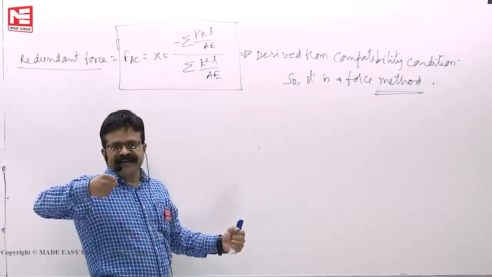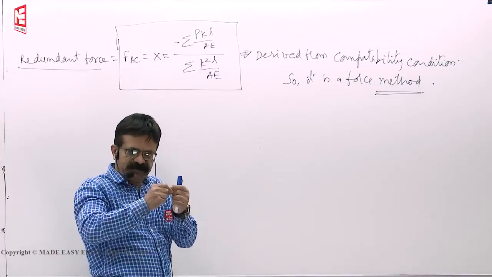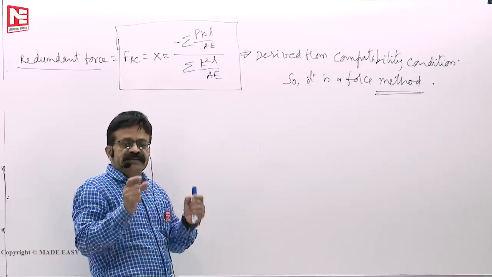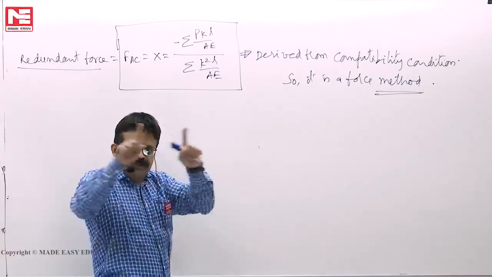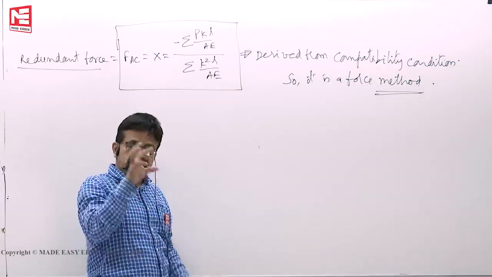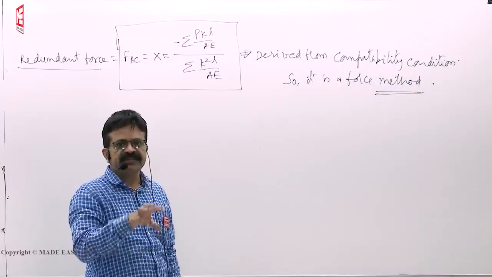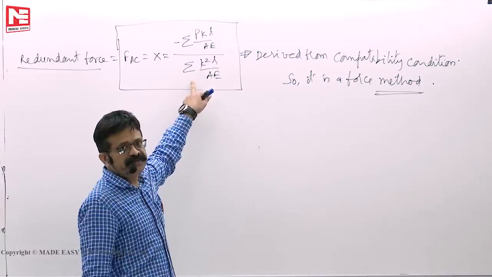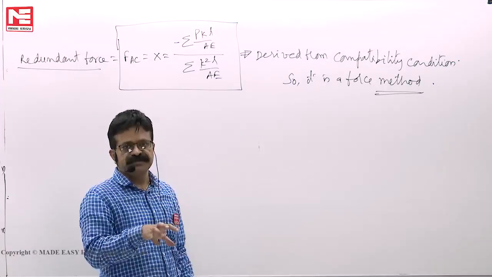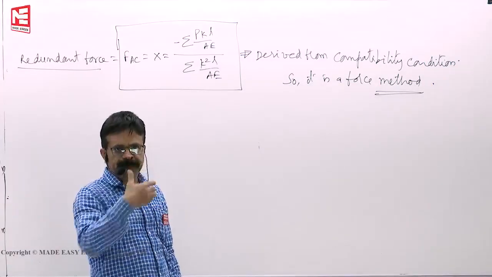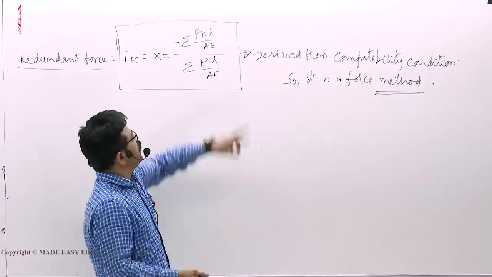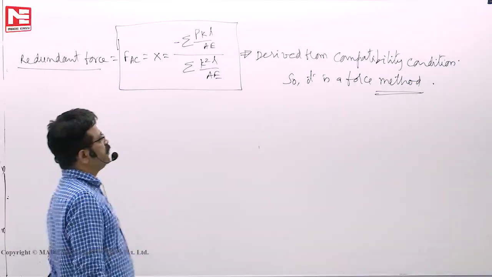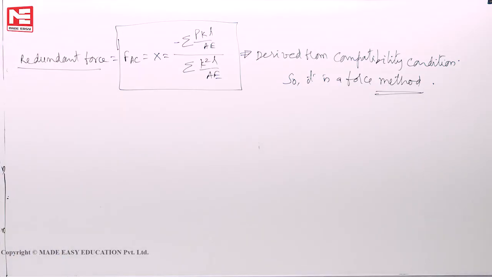If the lack of fit is there in a particular redundant member, then that will produce forces in the members. The nature of those forces, whether tension or compression, I have told you. How to calculate them, I have not given, because in the stipulated time we cannot solve them. Once we come back for mains, I will explain to you how this equation is derived. Okay, like this.